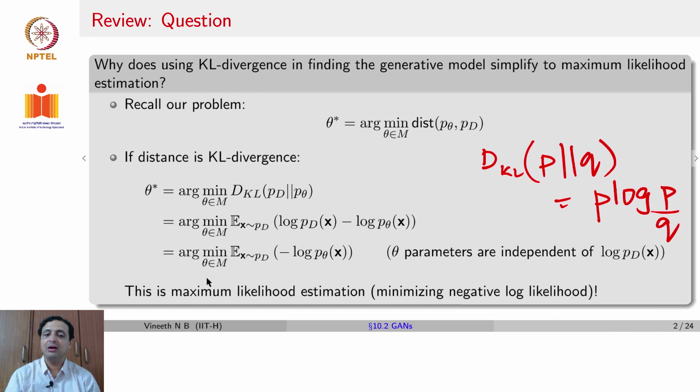So you're left with argmin over theta, expectation over all the data samples from your distribution PD of minus log P theta of X. And this is maximum likelihood estimation, or minimizing negative log likelihood. So a fairly trivial thing to show, as we mentioned the last time.